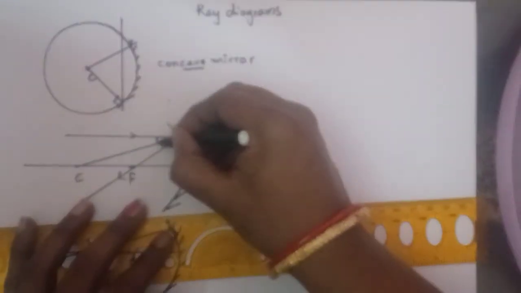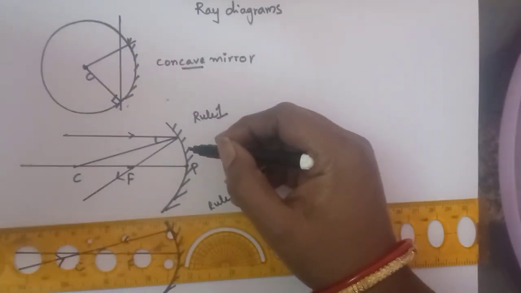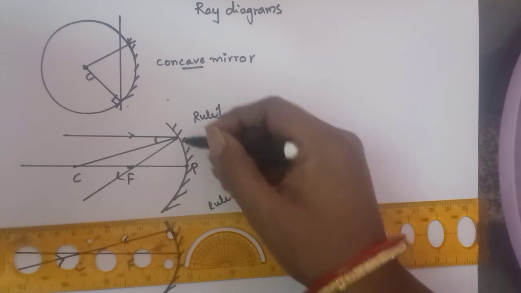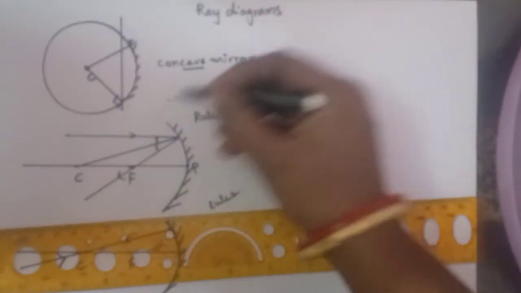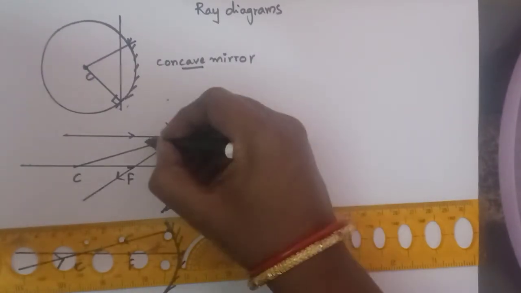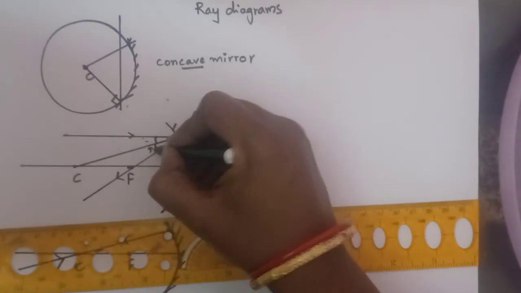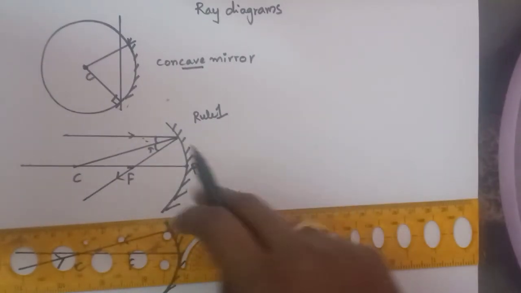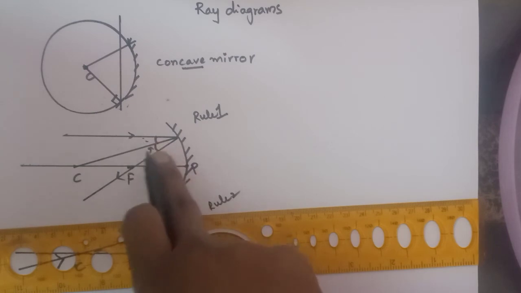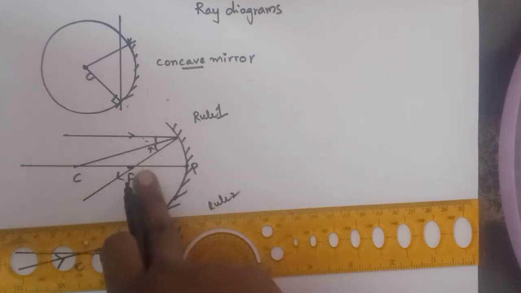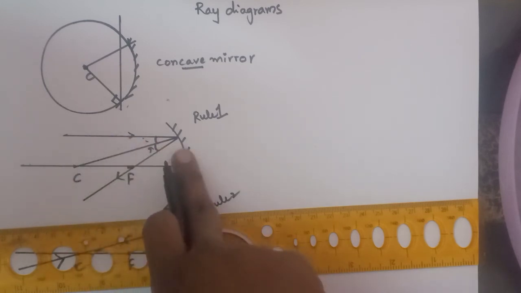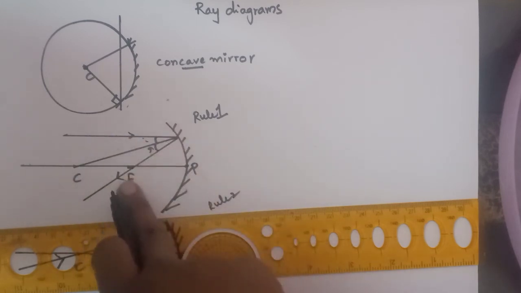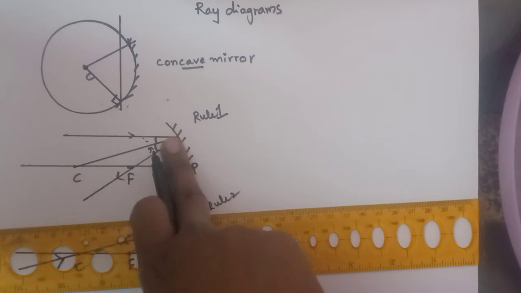So this is the angle made by the incident ray to the normal, and this is the angle made by the reflected ray. So the angle of incidence will be equal to the angle of reflection according to the laws of reflection. That is the reason some students ask why the ray passing through the center of curvature is reflecting back.